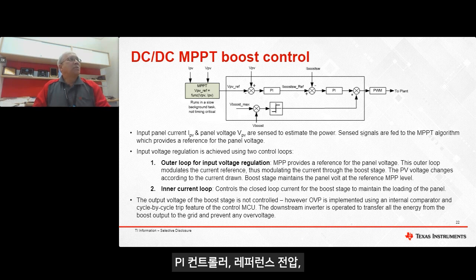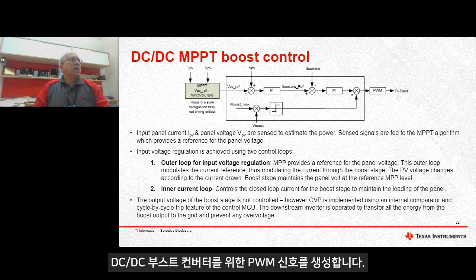You can see the PI controller: the reference voltage and the feedback PV voltage are compared, and a high bandwidth PI loop is used to generate the reference current, and then that current gets compared with the feedback current, and another PI controller controls the current in the MPPT stage. Finally, the PI output generates the PWM signal for the DC-DC MPPT boost converter.